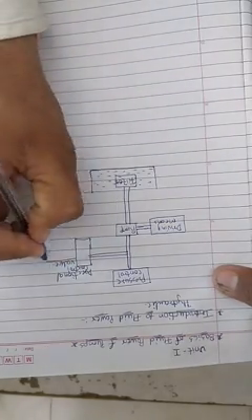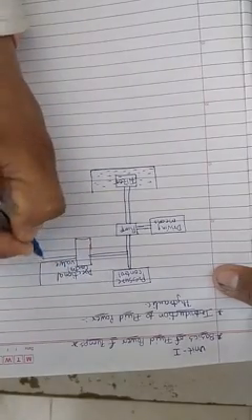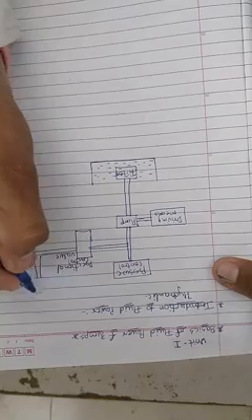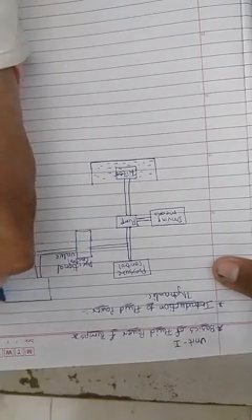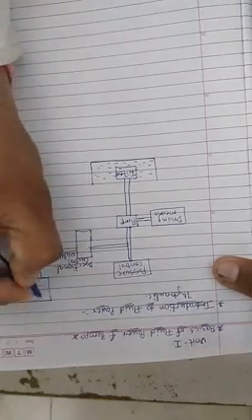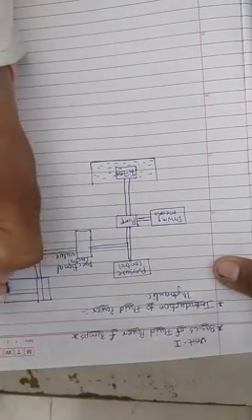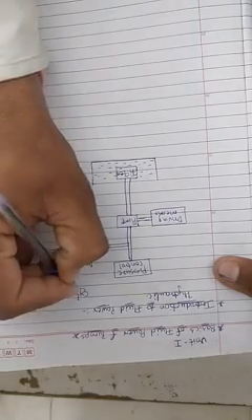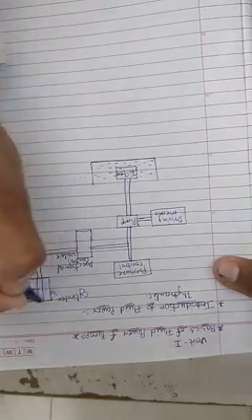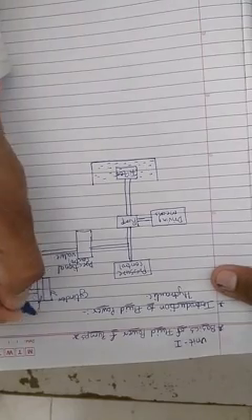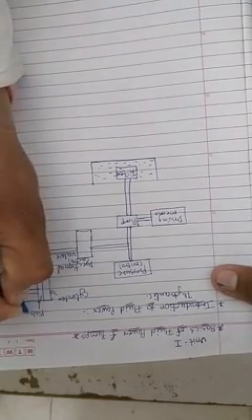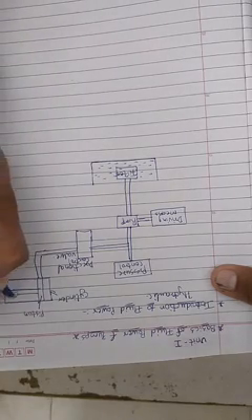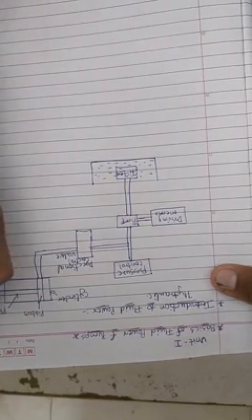Okay, then there is a piston cylinder assembly. This is the cylinder. Then this is a piston. This is a piston rod.